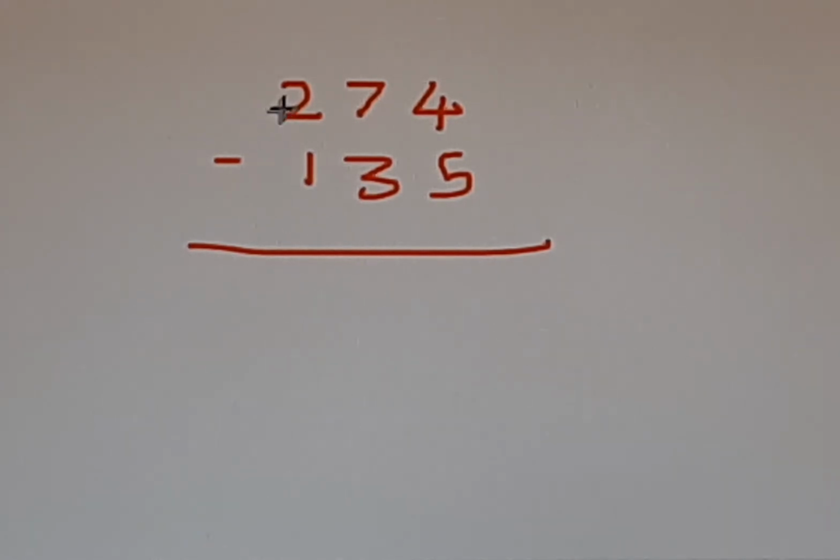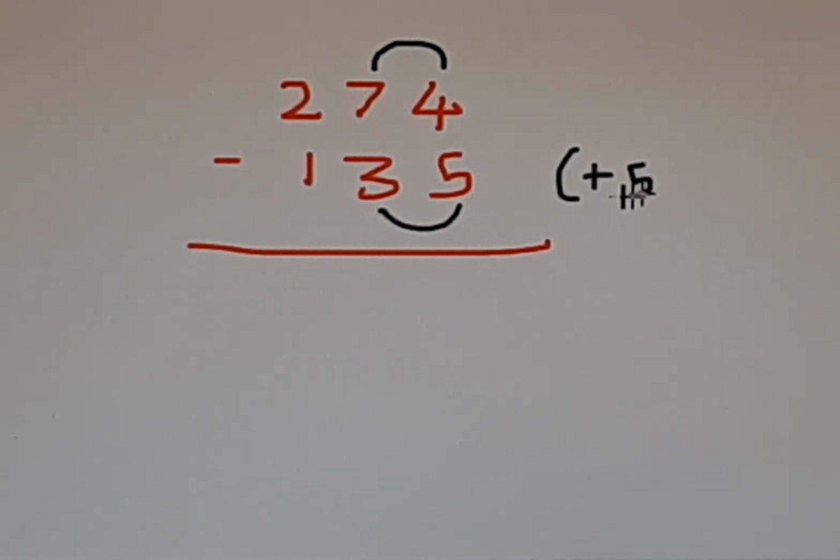Second step is you have to just check it. You can minus 1 from 2, yeah. You can minus 3 from 7, yes. You can minus 5 from 4, no. So what you will do, you will make a base figure of these two numbers, right? So 135's nearest base figure is 140. So you have to add 5.